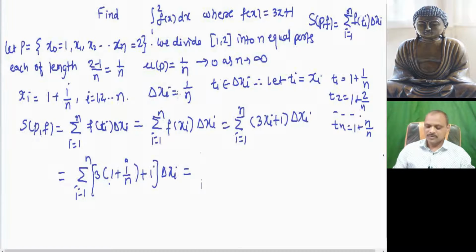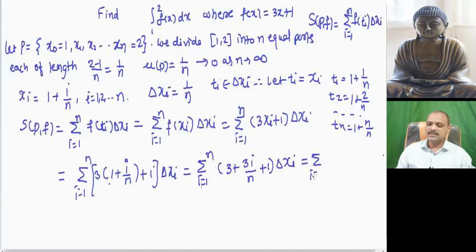Now we multiply this out: summation i is equal to 1 to n, 3 plus 3i divided by n plus 1, into delta xi, equal to summation i is equal to 1 to n, 4 plus 3i divided by n, into delta xi.